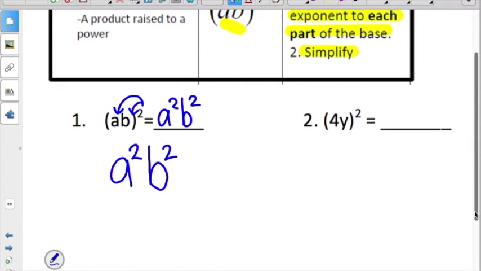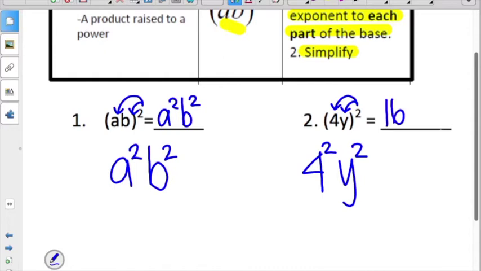Example number 2, again, we're going to distribute our exponent of 2 to the 4 and to the y. So we get 4 to the 2nd power, y to the 2nd power. We can evaluate 4 squared. 4 times 4 is 16. And then we have y squared.